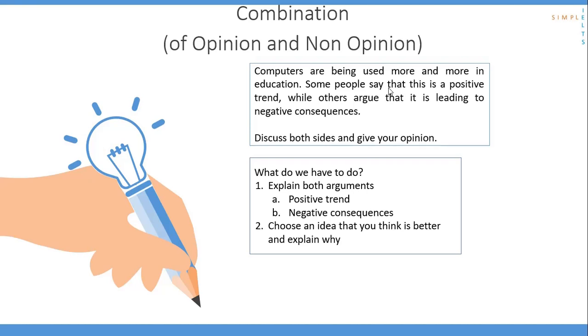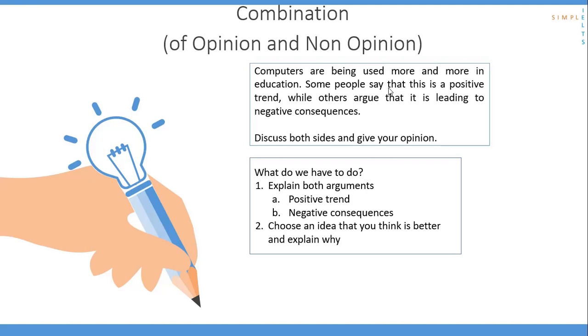So in writing this kind of essay, after writing the introduction in the first paragraph, in the second paragraph you write down the positive trends, and then in the third paragraph you explain the negative trends or the negative consequences, and then in the last paragraph choose an idea that you think is better, okay, and explain why. Provide your own argument.